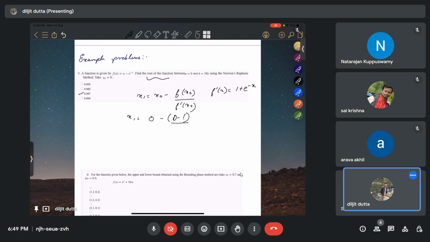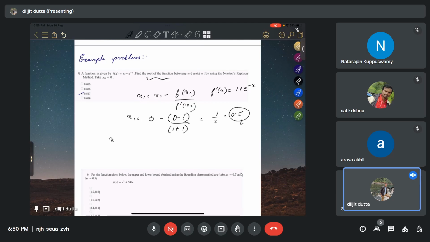And f dash is 1 plus e to the power 0, which is 1 plus 1. So it is equal to 1 by 2, which is equal to 0.5. Okay, we have got the first iteration.